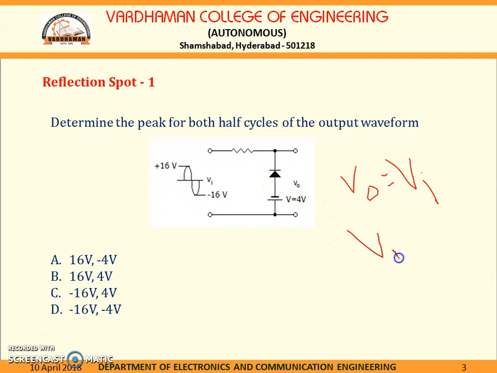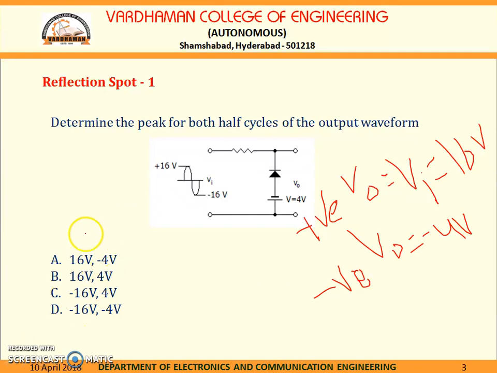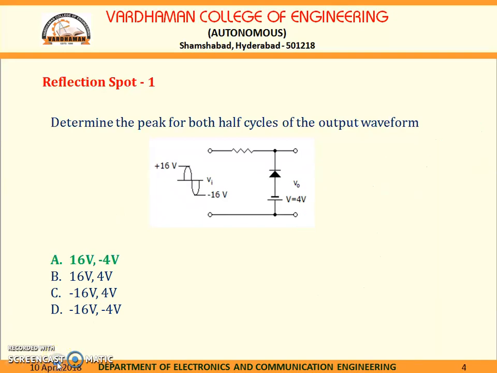So V naught is 16 volts for the positive peak and minus 4 volts for the negative peak. The correct answer is 16 volts and minus 4 volts.